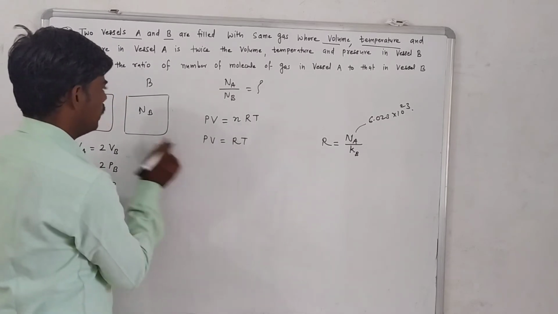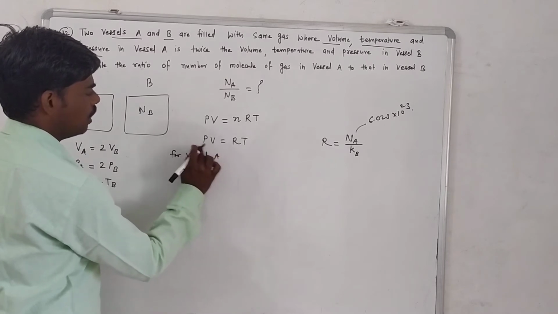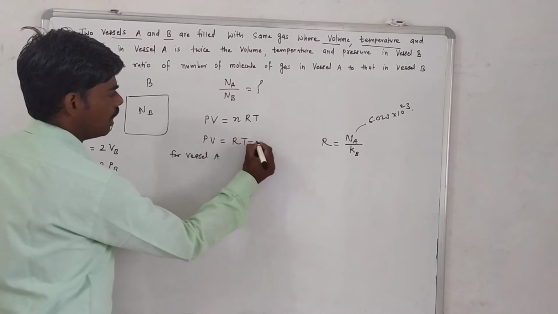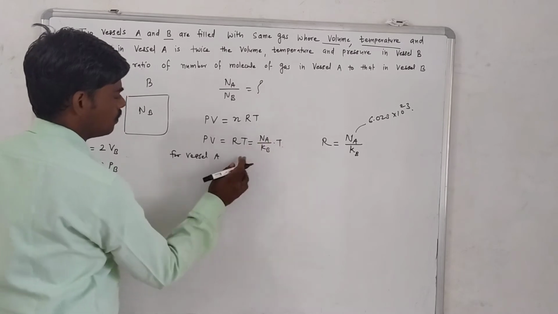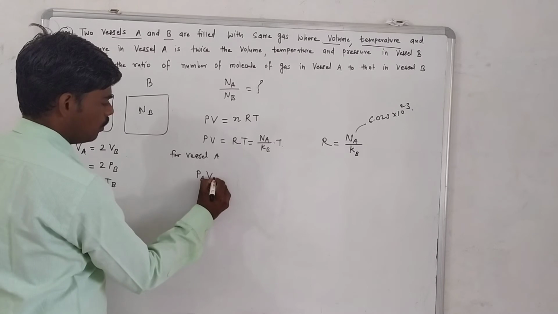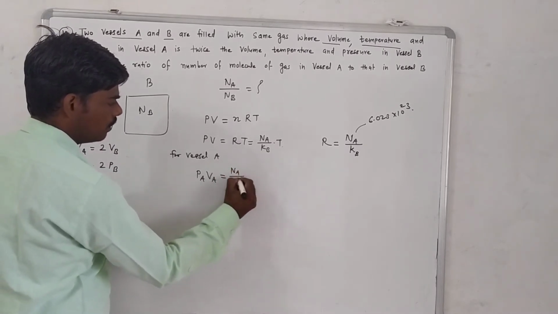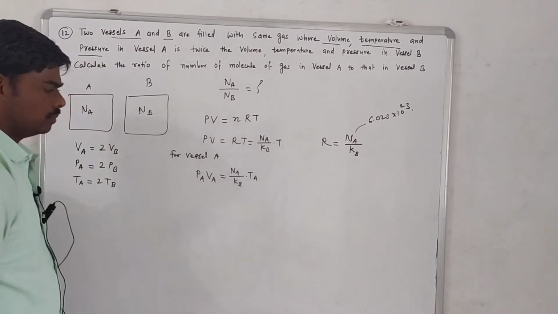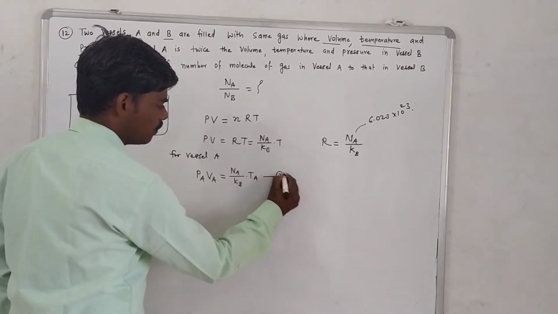So for vessel A, what will the equation be? Instead of R, I will write Na upon Kb into T. For vessel A, the equation becomes Pa Va equals Na Kb Ta, where Kb is the Boltzmann constant. This is equation 1.